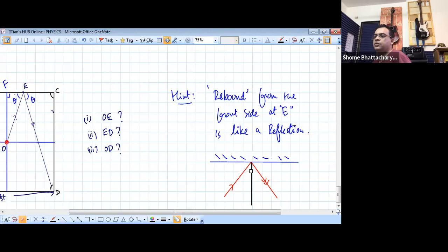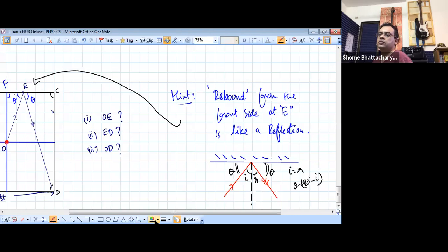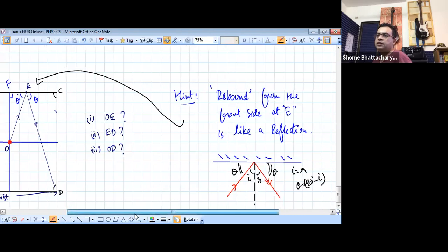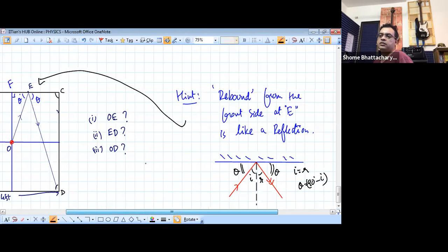So the principle of reflection is basically a symmetry principle, that this angle of incidence is equal to this angle of reflection. I is equal to R. So if I is equal to R, that means this angle theta will be equal to this angle theta. Theta will be 90 minus I. So that principle will apply for this point here, even though it's not a reflection of light, but it will have that same symmetry.